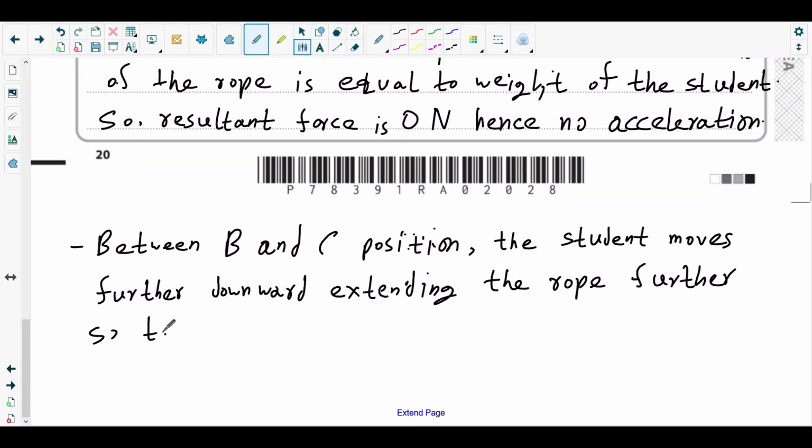So tension increases further because tension is dependent on the extension of the rope, right? So tension increases.